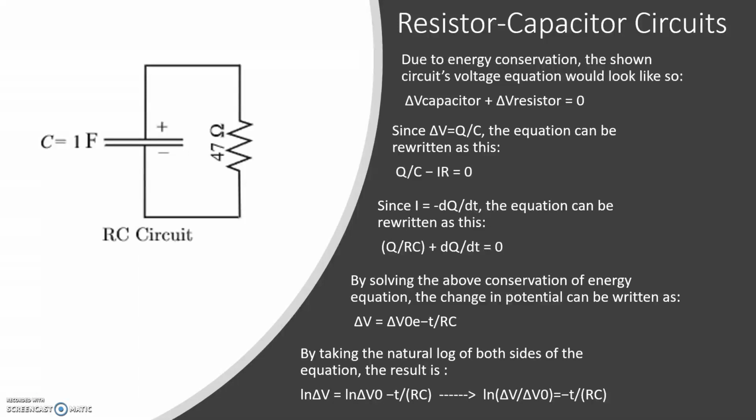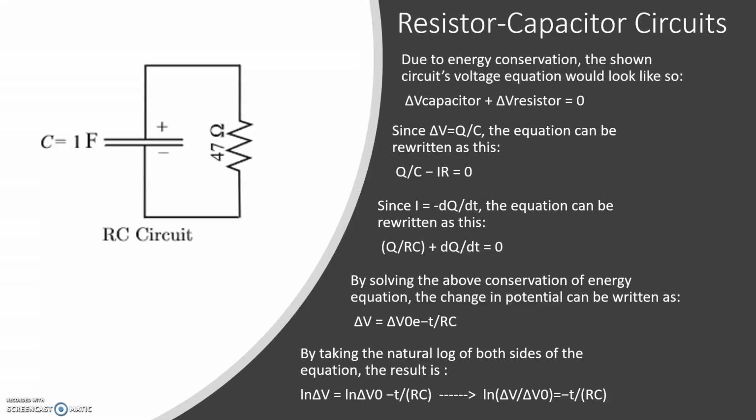By solving the above conservation of energy equation, the change of potential can be written as delta V naught, or the delta V at time equals 0, times e to the negative time over RC. By taking the natural log of both sides of the equation, the result can be seen as this.